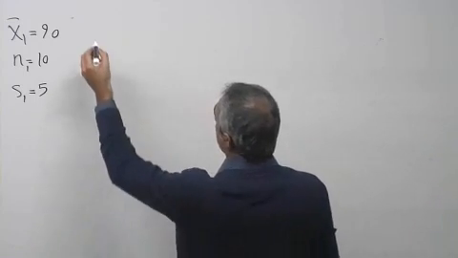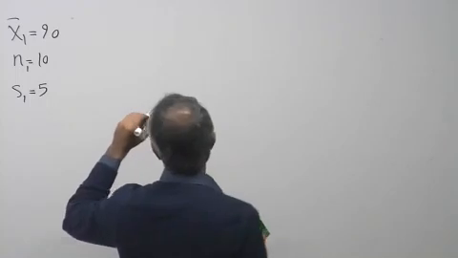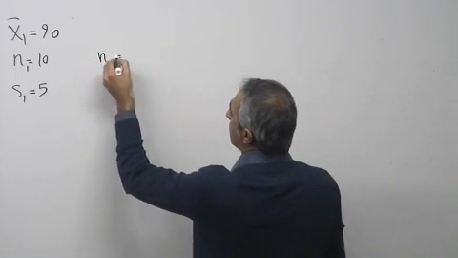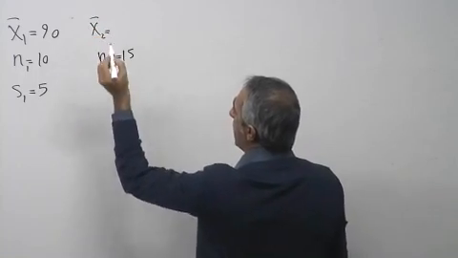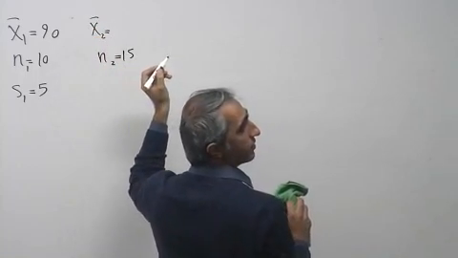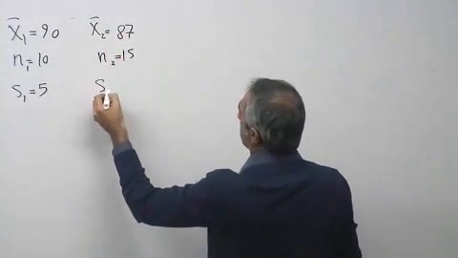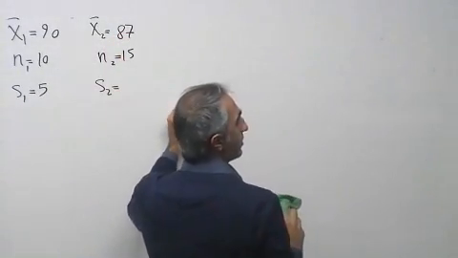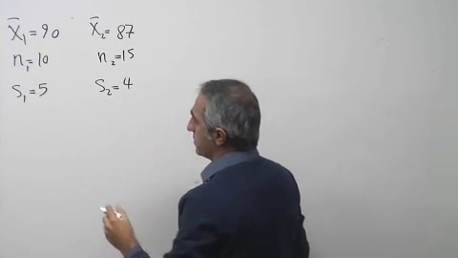For the second one, I have 15 observations. The average is 87, and S2 is 4. So we want to find, again, a confidence interval.